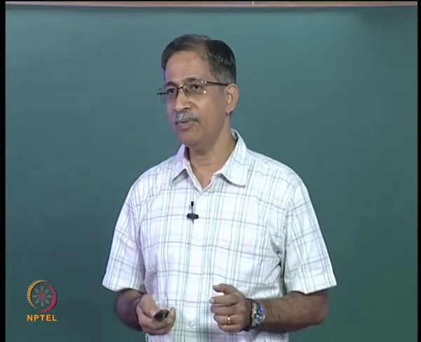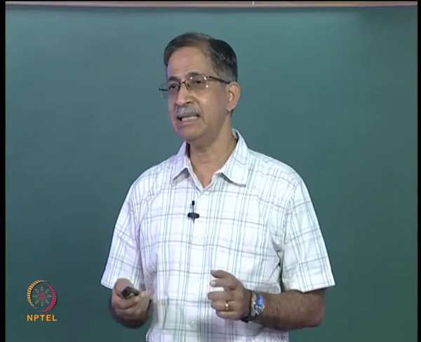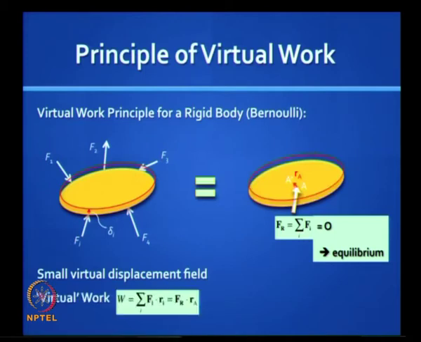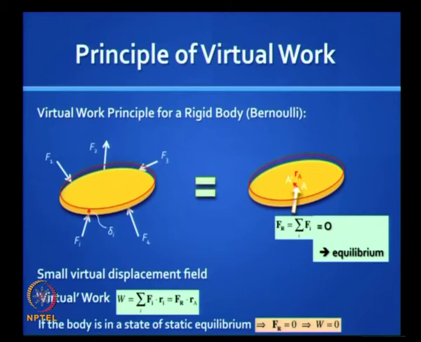And if you find out the delta components, you have F1, F2, F3, F4, that is the change in position of the points of application of the various forces, and if you do a scalar product of all of them and add it up algebraically, you get the total work done on this body, and that total work done must actually, it's a dot product of the force and the displacement vectors, that must be equal to 0 if the body is in equilibrium. It easily follows from this.